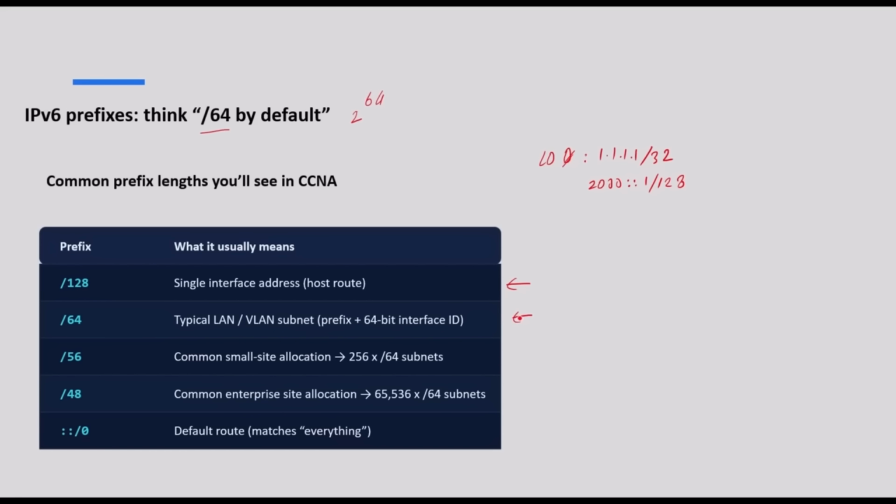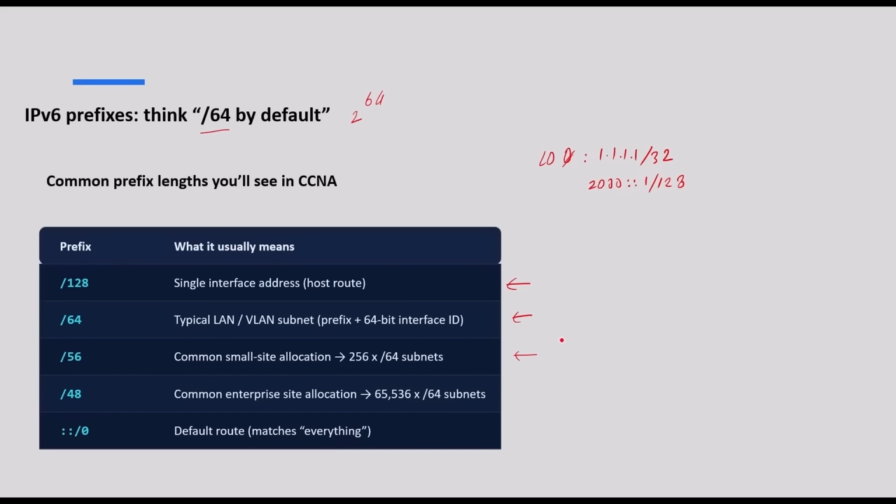/64 for the normal LAN or VLAN subnetting, that's going to be used for that. And we have a /64 for the network ID, /64 for the prefix length, or what we call the subnet mask. If you want to have a smaller site allocation, we can go with the /56, which is going to give us something like 48 bits for the IP addressing of the devices, for the host part actually.